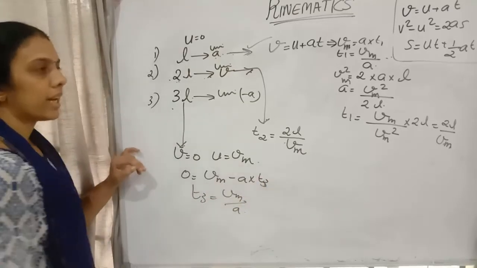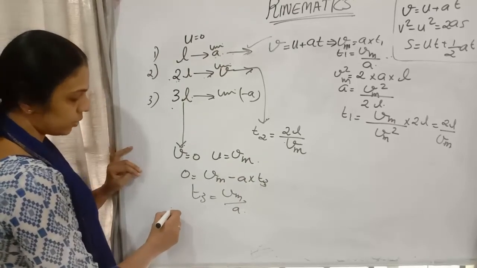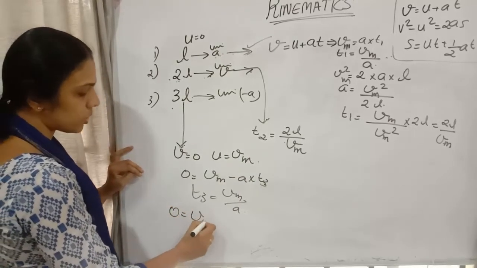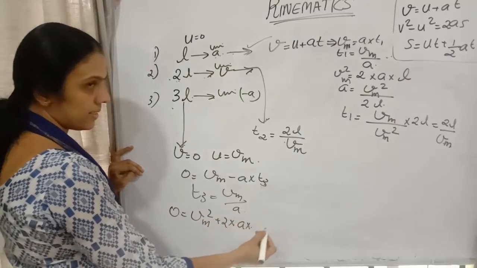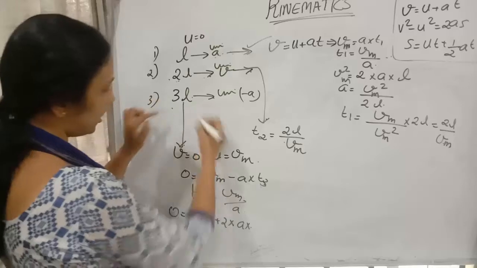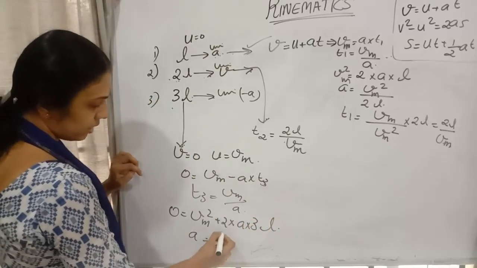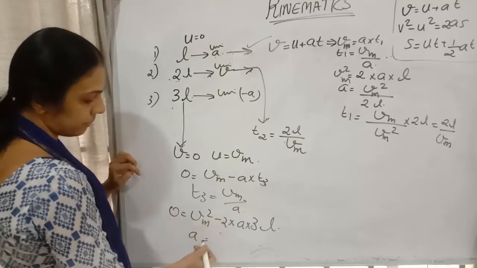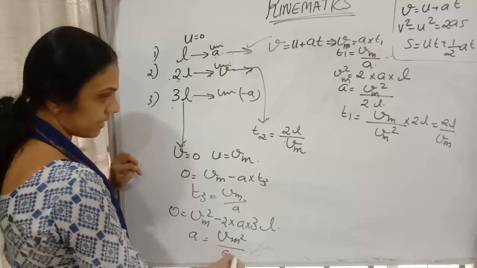How can we find the acceleration? V square equals U square plus 2aS. So 0 equals Vm square plus 2 into A into S, where S is 3L. Since the acceleration is negative, the magnitude A equals Vm square divided by 6L.